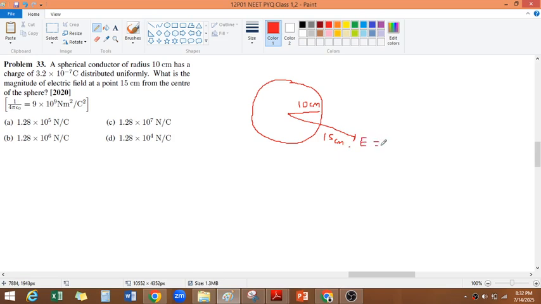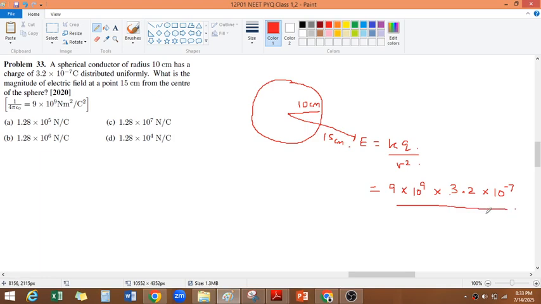So electric field here will be kq by r squared. K is 9 into 10 power 9. Q is the total charge on the sphere, which is 3.2 into 10 power minus 7, divided by r squared.